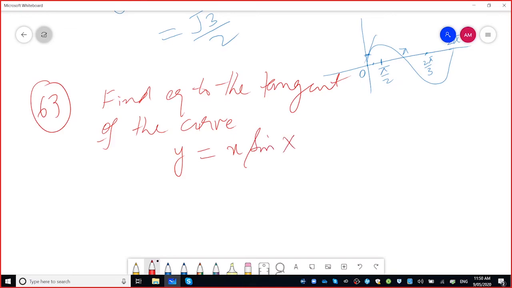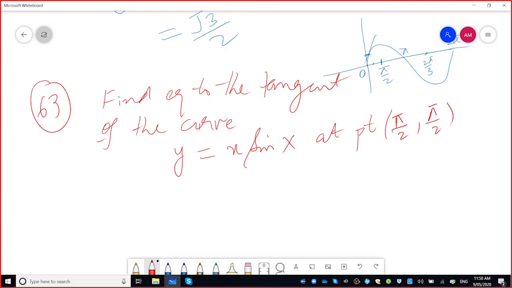We have to find the equation at the point pi over 2 comma pi over 2. So how to do that?